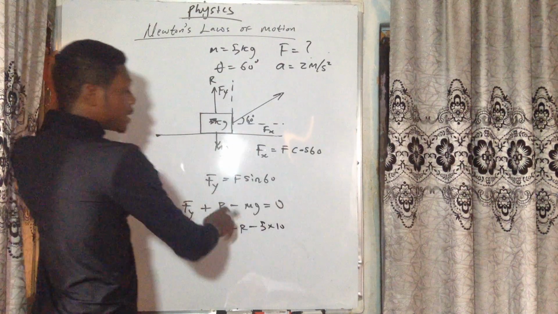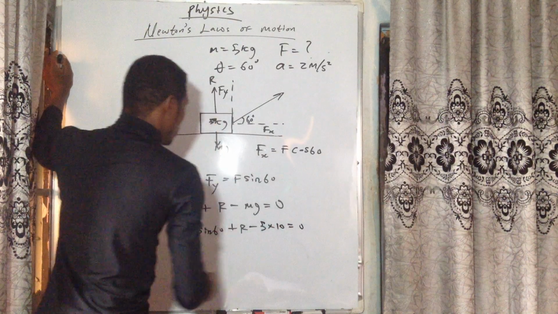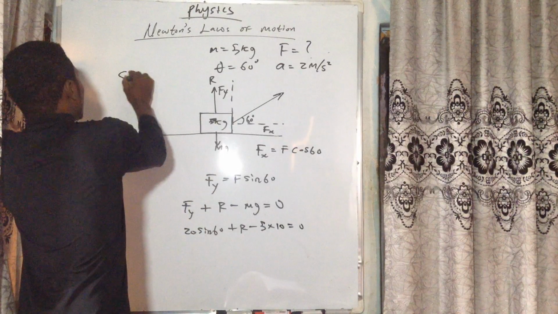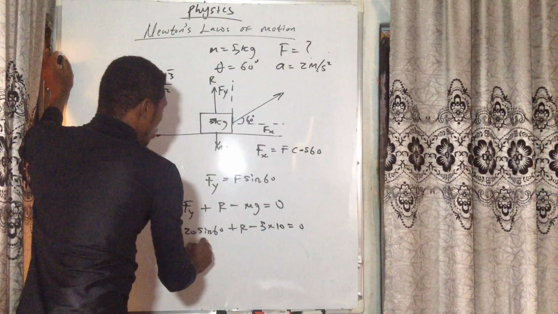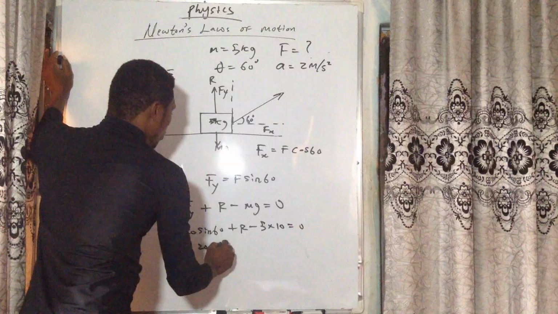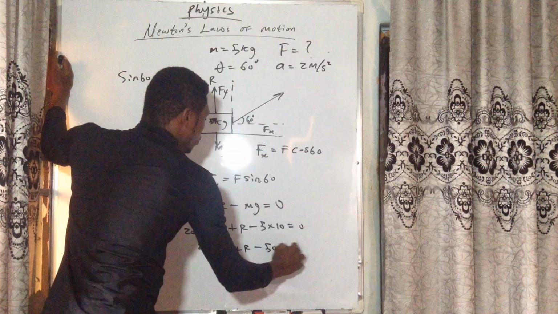You take g as approximately 10 meters per second squared. This is equal to 0. Sine 60 is equal to root 3 over 2. So we have 20 times root 3 over 2, plus R minus 50 is equal to 0.